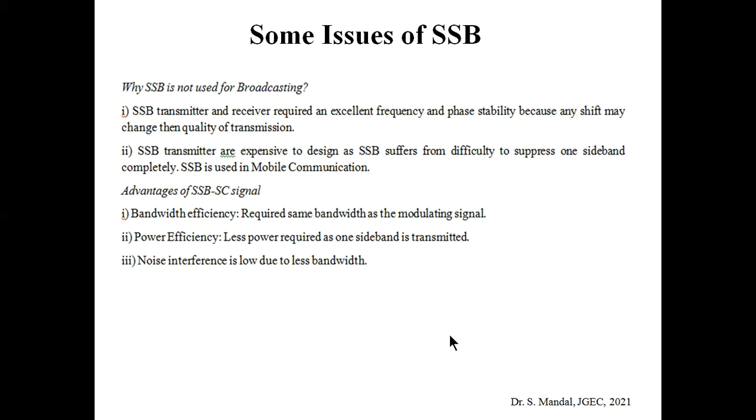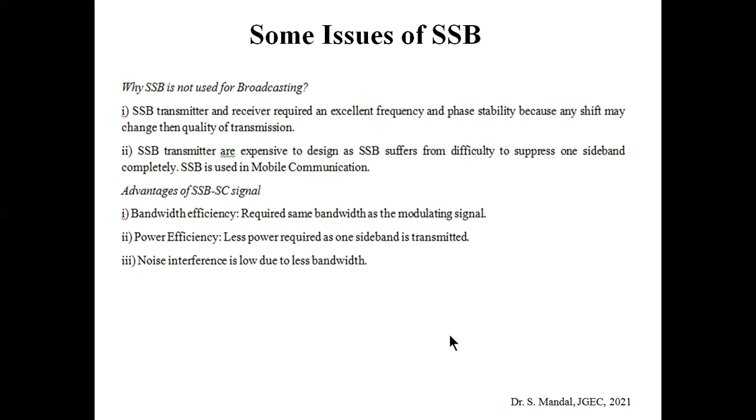Another point is that SSB transmitters and receivers are very expensive. To get the respective frequency and phase stability, we need to use several components also. So SSB transmitters and receivers are expensive to design.